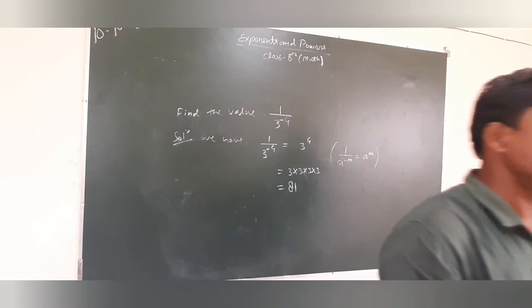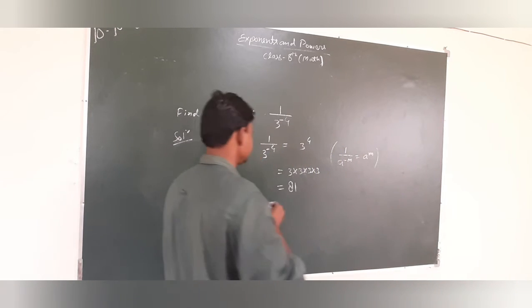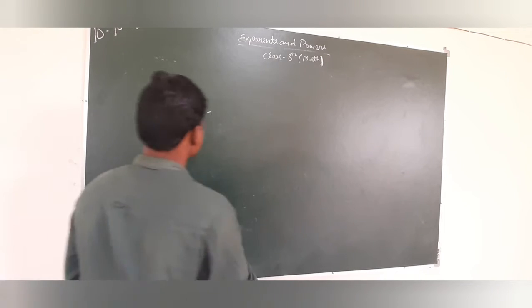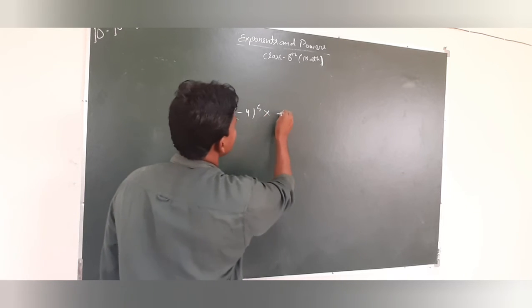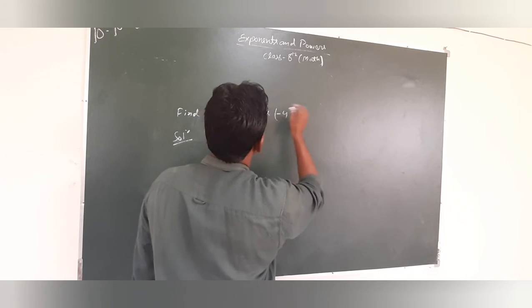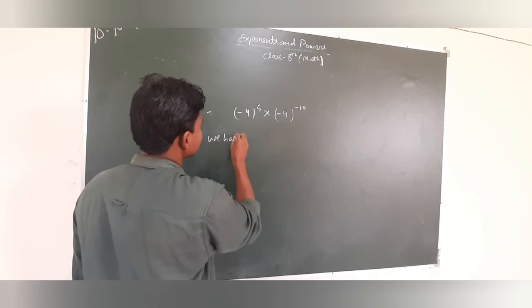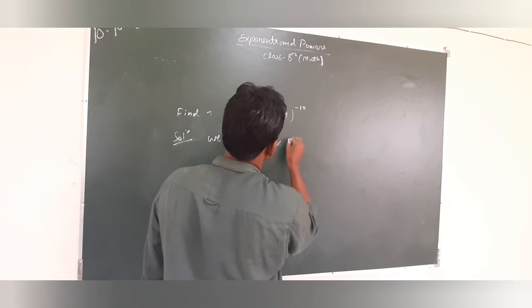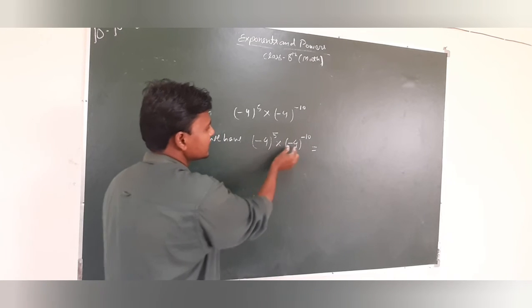And next is minus 4 to the power 5 into minus 4 to the power minus 10. We have minus 4 to the power 5 into minus 4 raised to the power minus 10 equal to, here bases are equal.